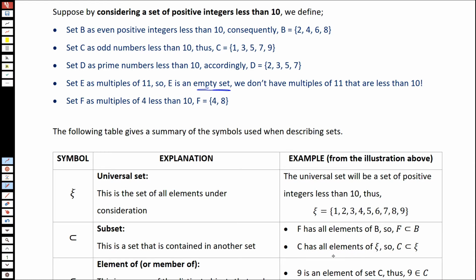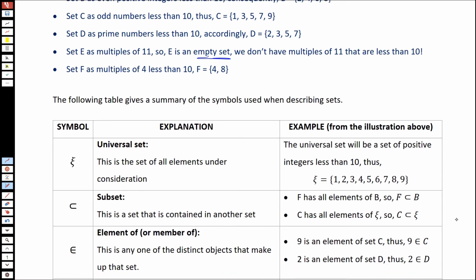And also the same thing applies to C. All elements in C are in the universal set, which is positive integers less than 10. So you can say that C is a subset of the universal set.